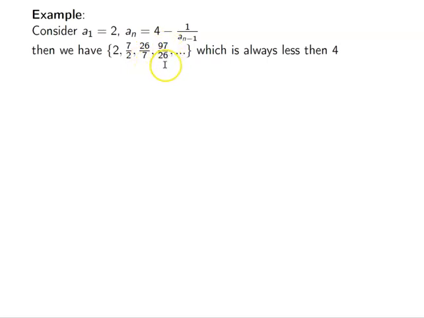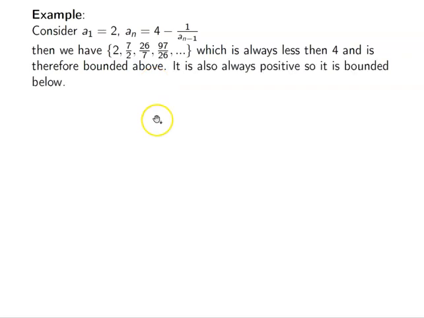Same thing here. You can do the math for it, but it's less than 4. Therefore, it is bounded above by 4.